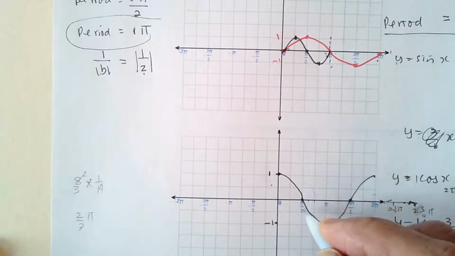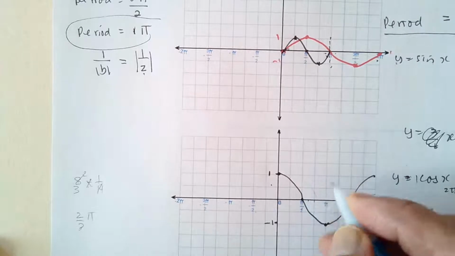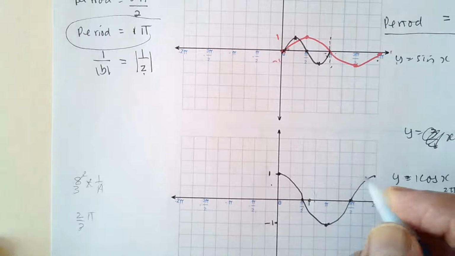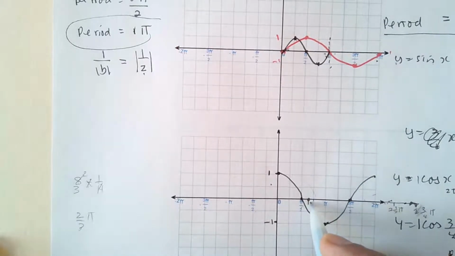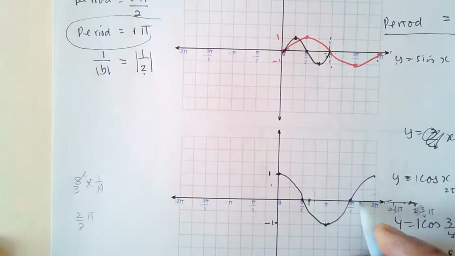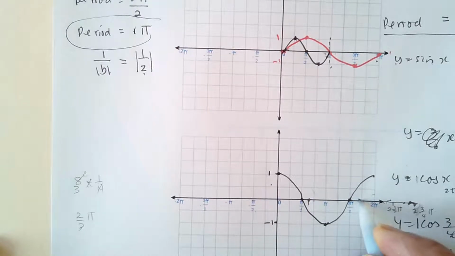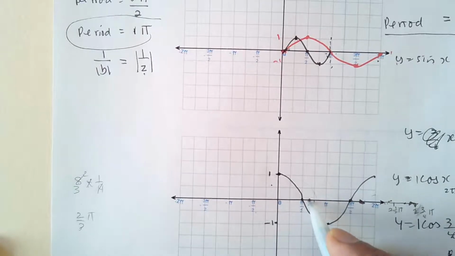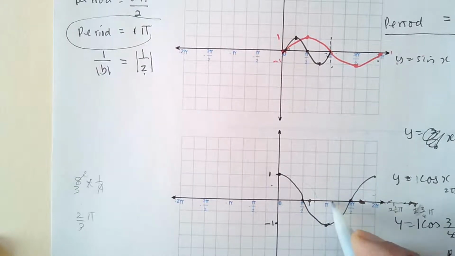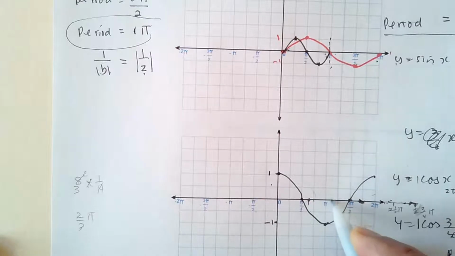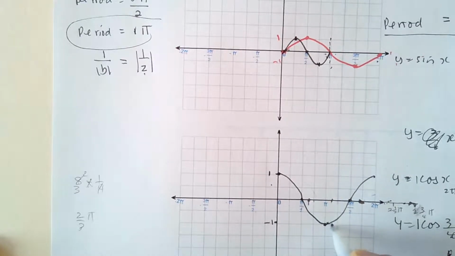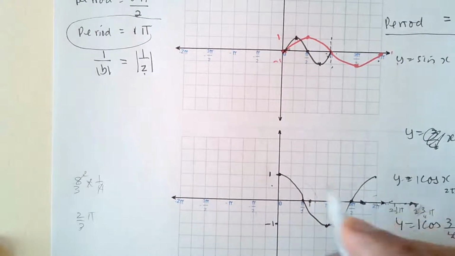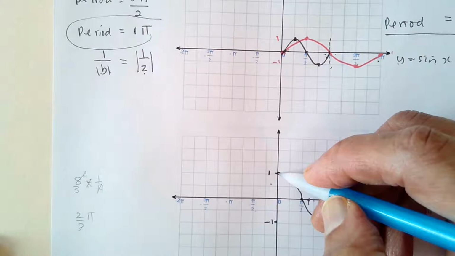So 2/3 pi will be somewhere close to here, then another 2/3 pi close to there. Here we have 1, and another 2/3 pi somewhere down here, and finally our 2/3 pi up here.